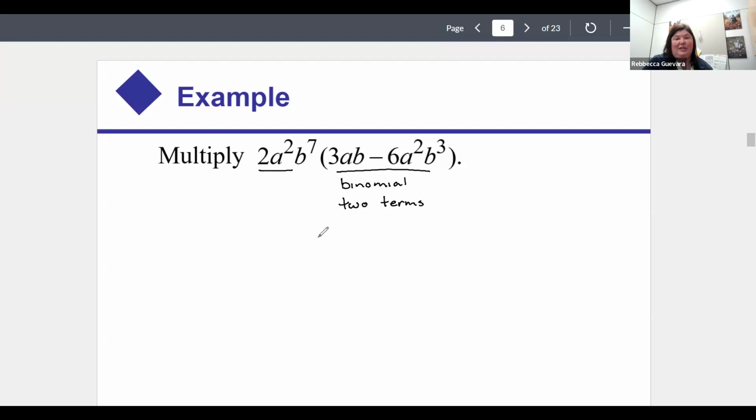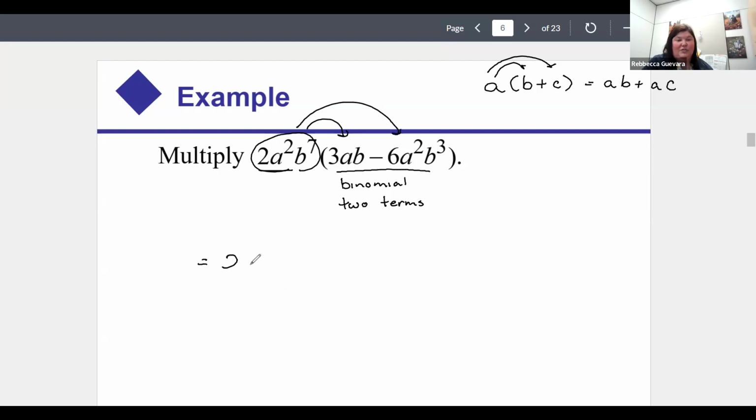If I have a situation like this, remember what the distributive property says: if I have addition or subtraction and I'm multiplying it, I can distribute the multiplication across. That's what we're going to do here. I can distribute this across this.